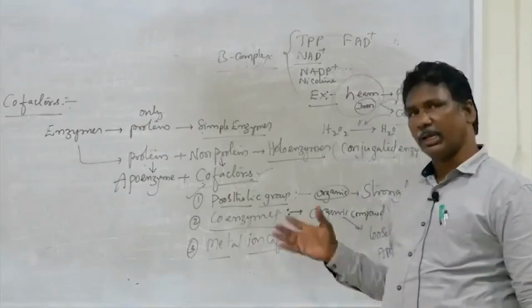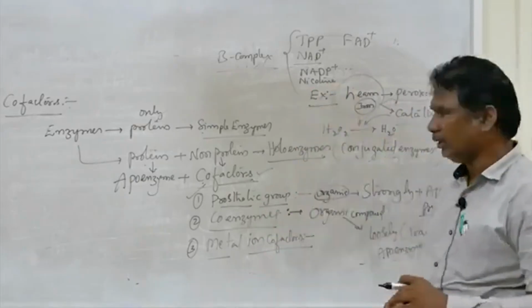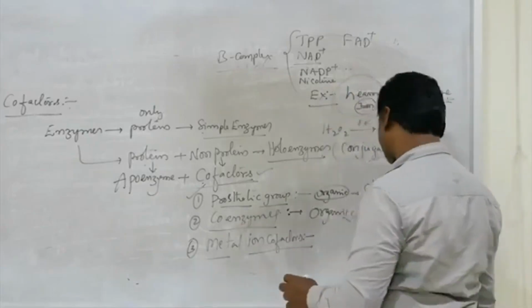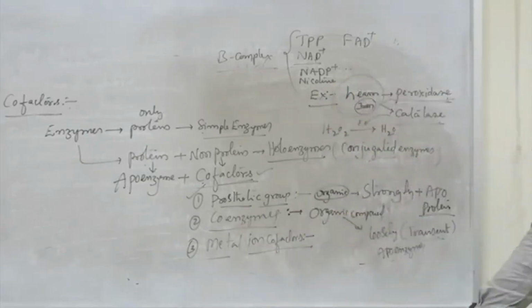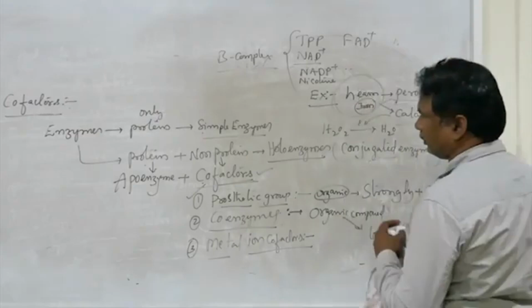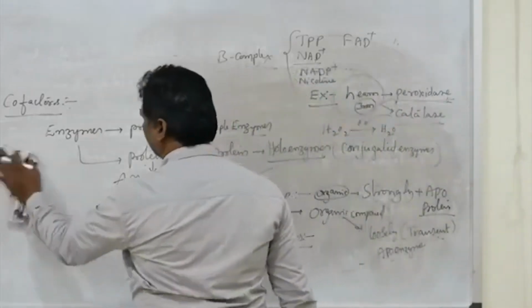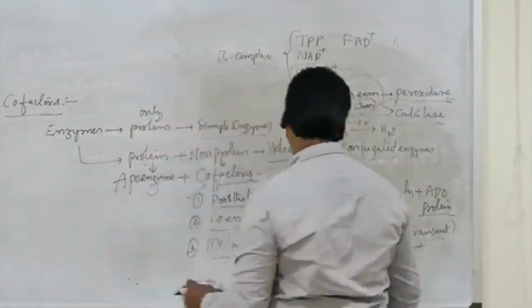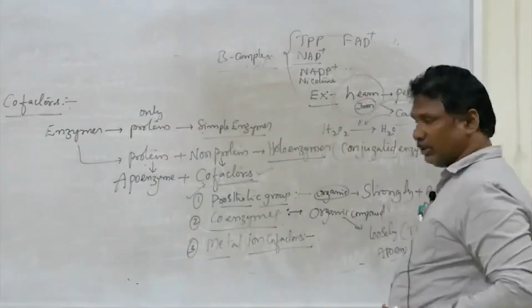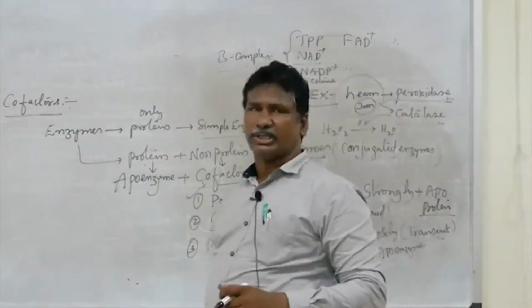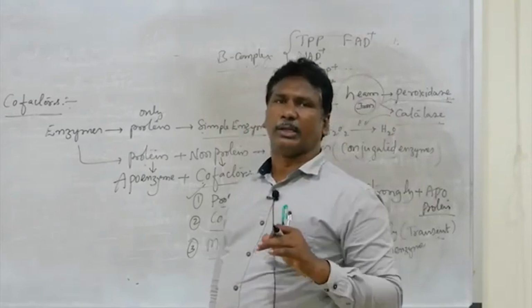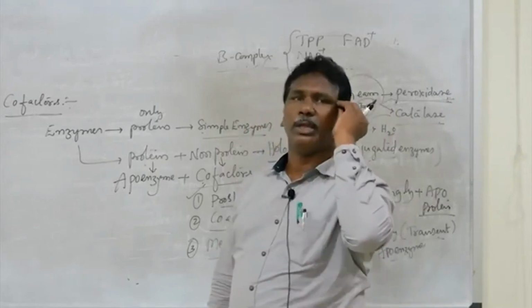That means if these metal ions are present, the enzymes work well, and they are called metal ion cofactors. Some metal ions are strongly attached to the enzymatic protein and activate the activity of the enzyme.